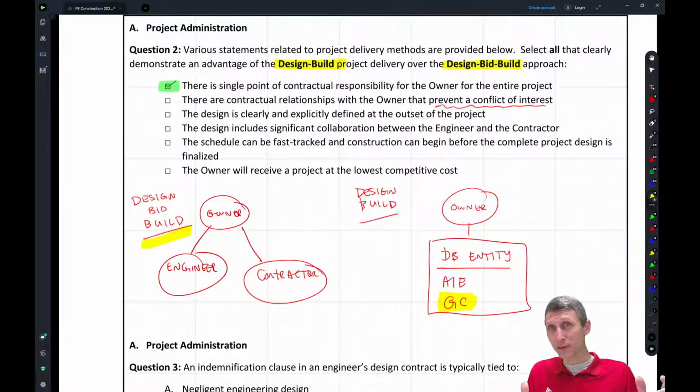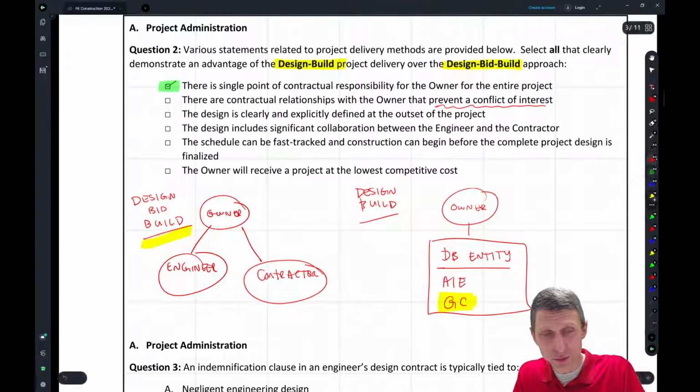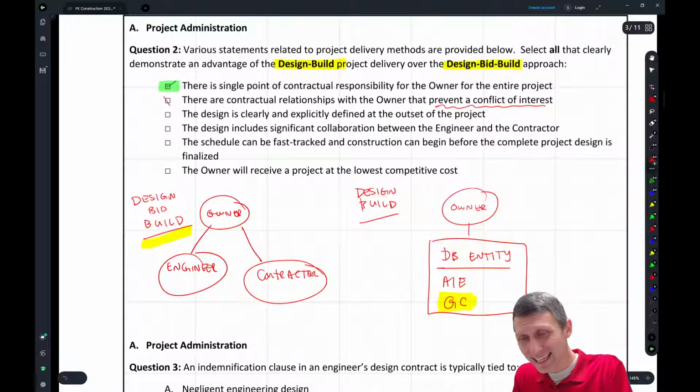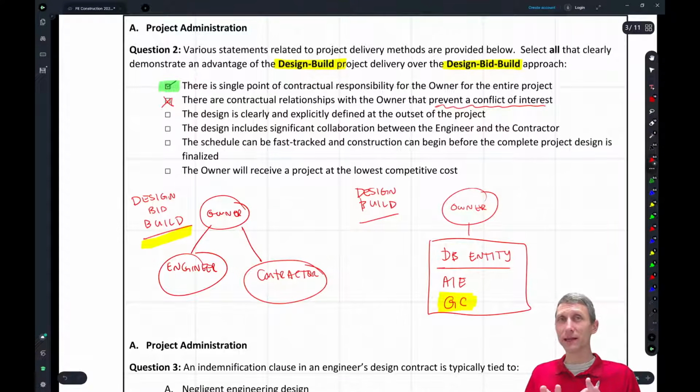Maybe they're both safe, but maybe the one way is more beneficial to the engineer, so they're going to tend to go that way. So there are some advantages, disadvantages here, but I think the contractual relationship piece is a little less likely to prevent conflicts of interest with a design build option.